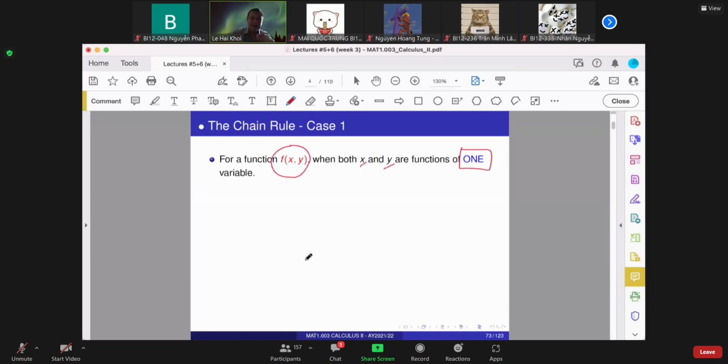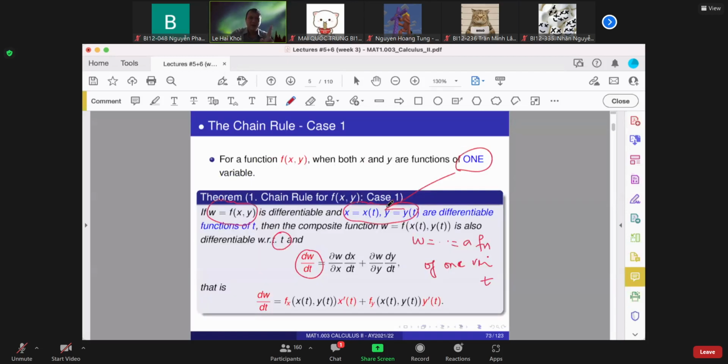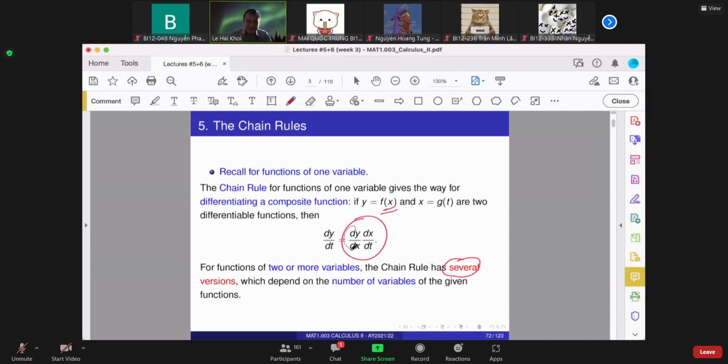However, in comparison with the situation when y is a function of only x, a function of one variable x, here w is a function of two variables. Then the derivative dy over dx we cannot do because we have two variables.